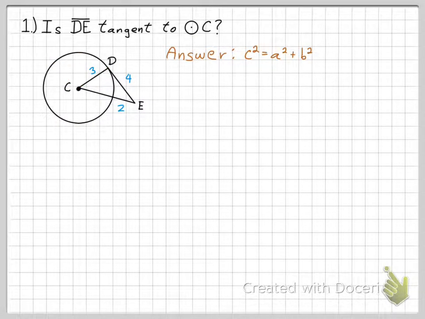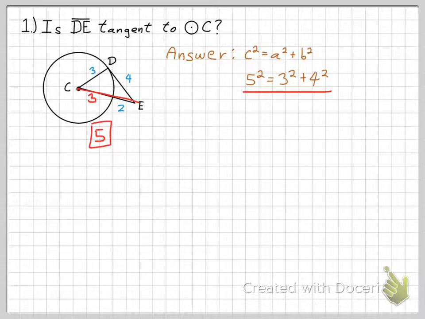Okay? So, moving right along, you get that 5 squared is equal to 3 squared plus 4 squared, because we just went over that this is 3. So the whole length of line segment CE is 5. 3 plus 2. Pretty clever.